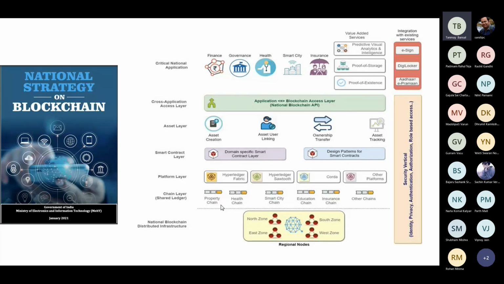And of course, connecting all these, there is a security vertical that talks about identity, privacy, authentication, authorization, and access control, and so on. So overall, this is an architecture which we are showing here to motivate that indeed there is a great need for interoperability across multiple different blockchain networks.